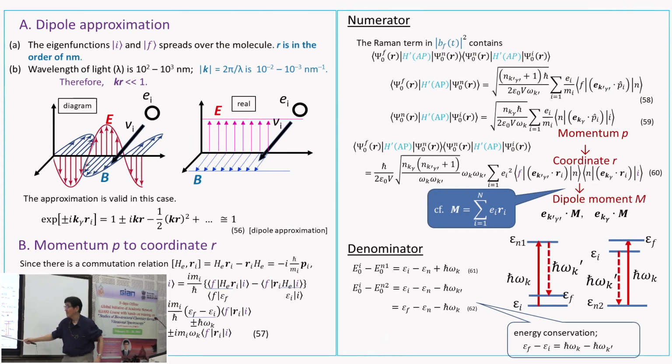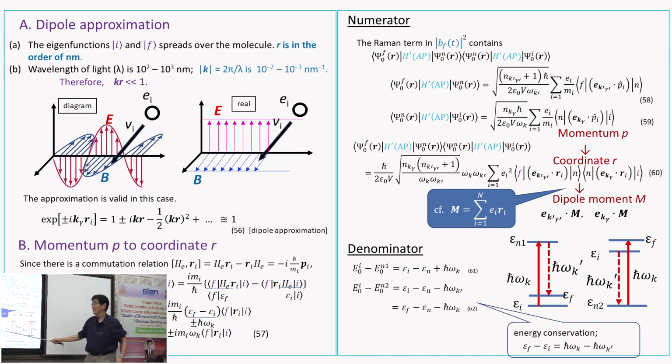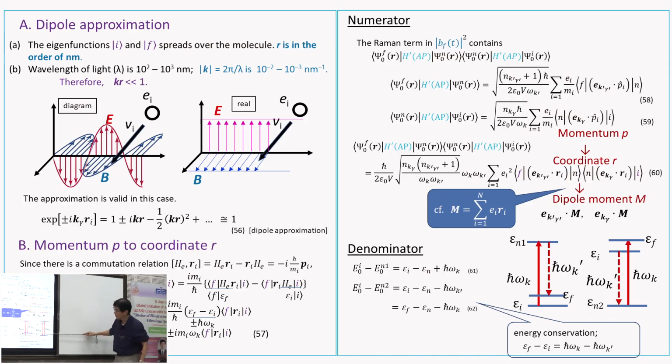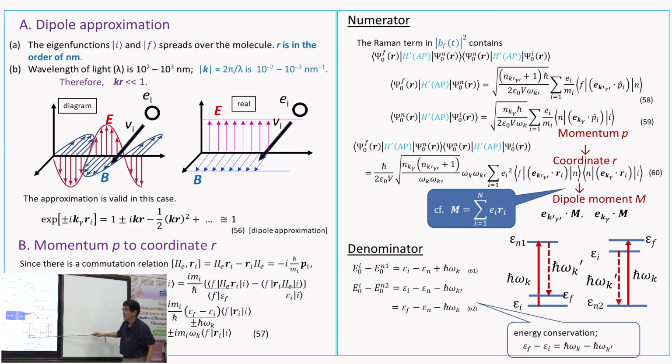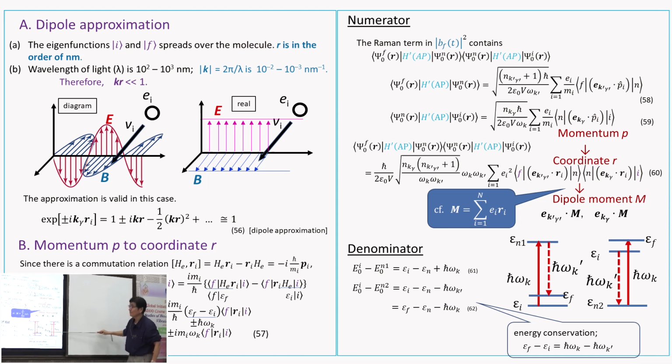E_I minus E_N1 corresponds to the energy difference between the energy of the molecule, small e_i minus small e_n, and the energy of light, h bar omega.